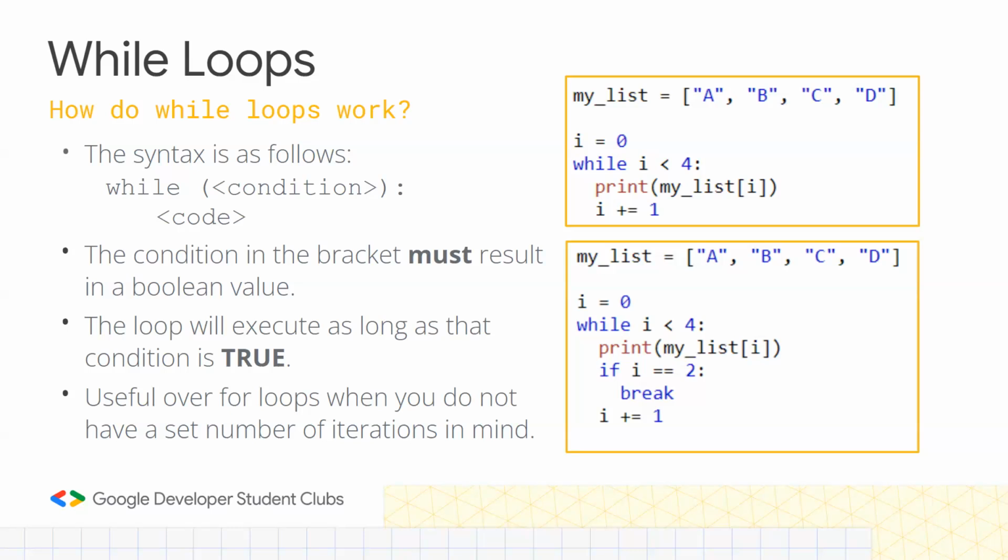We do I equals I plus 1, so I is equal to 0 plus 1, and the new value of I would be 1. We're just incrementing the value, updating it by adding one more to that value. So if you were to do I plus equals 2, and you start at 0, the next value would be 2, then 4, then 6, then 8, and so on and so forth.